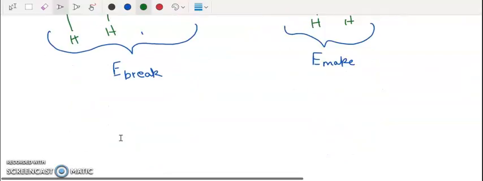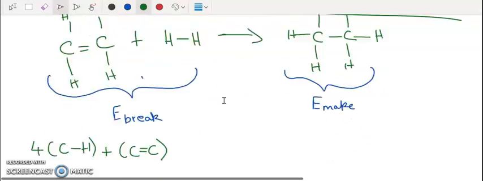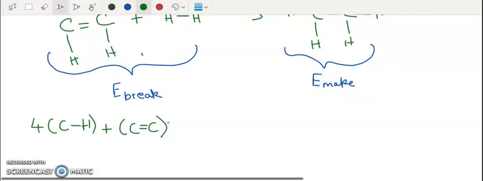So we've got 4 C single bond H, we've got one C double bond C, and we've got an H single bond H on this side.